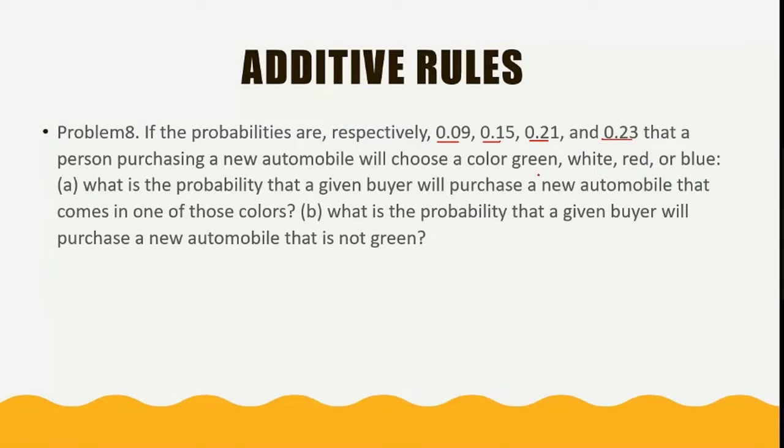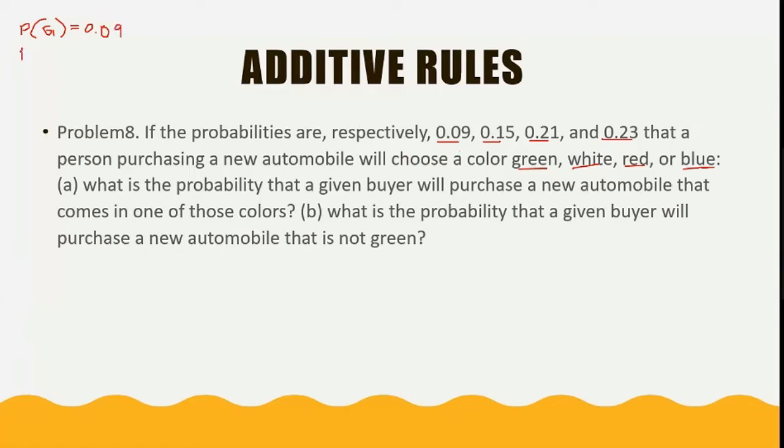So based on the given, we have green, white, red, or blue. Let's use G to denote the event that the selected automobile is green, and it has a probability of 0.09.